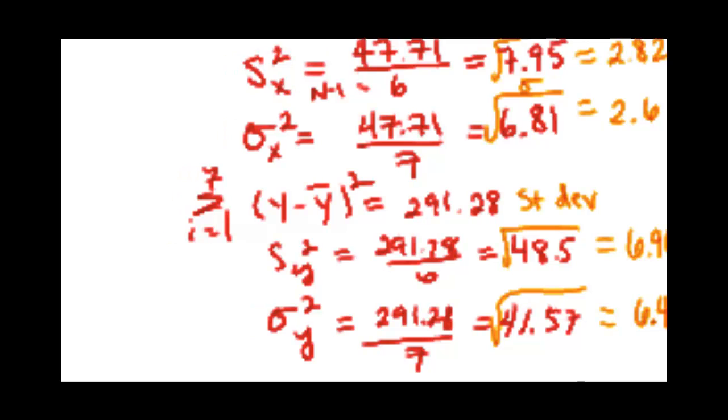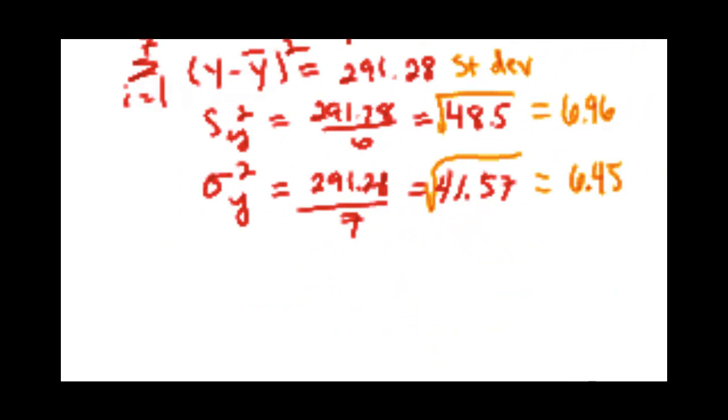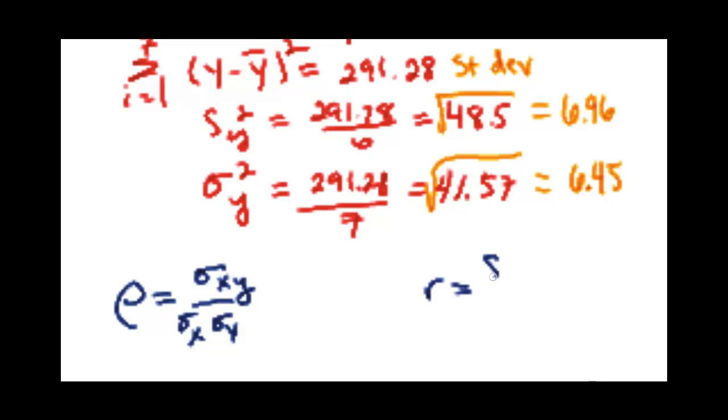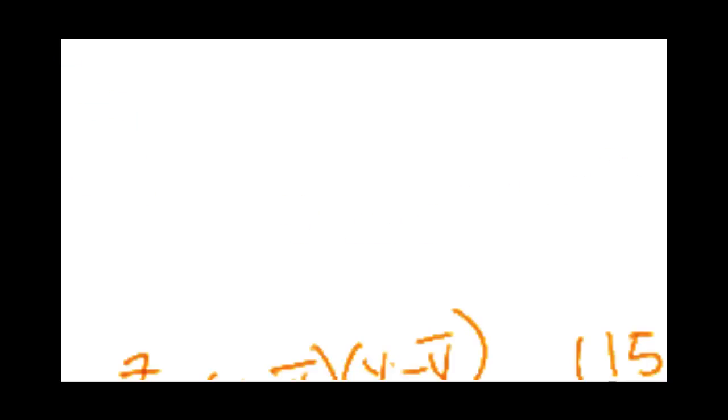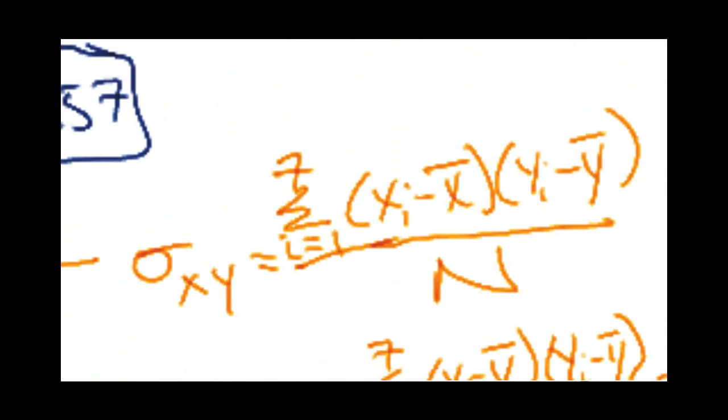Alright, so now we have all the pieces of the puzzle to calculate either rho, which was the covariance over the individuals, or R, depending on which one you want to do. So the covariance for the population was down here somewhere, and that was 16.48.